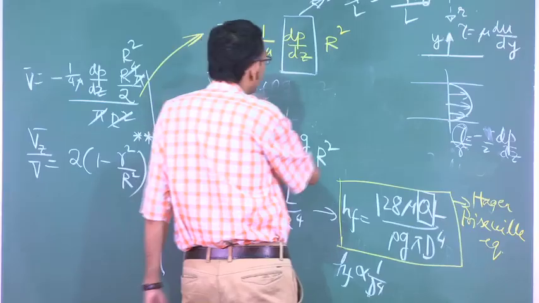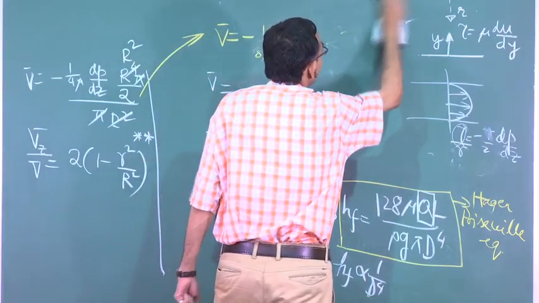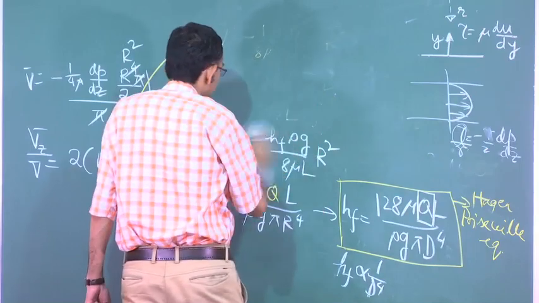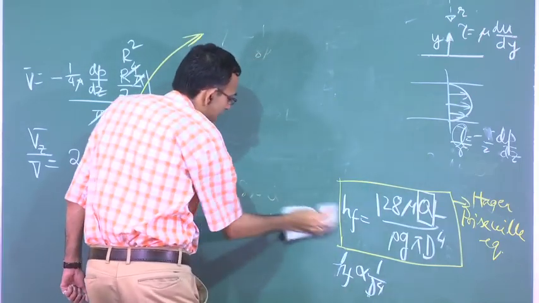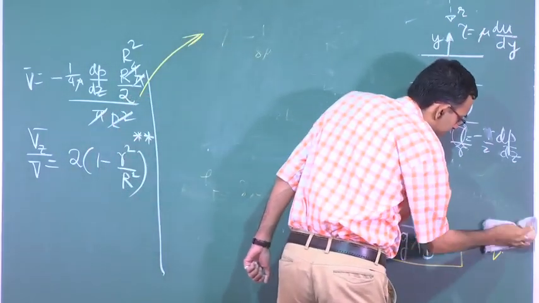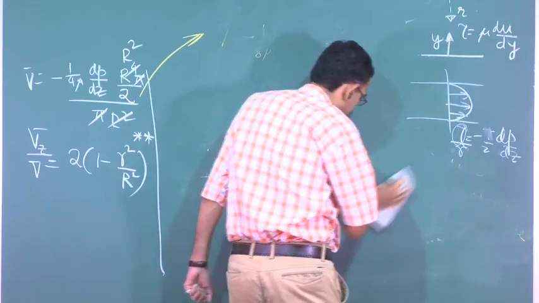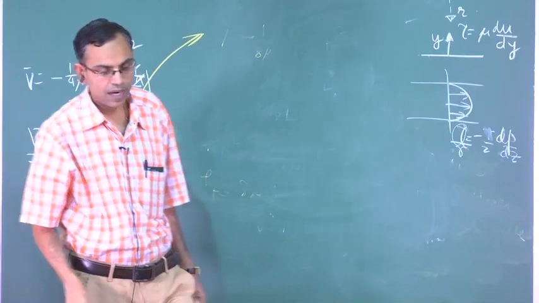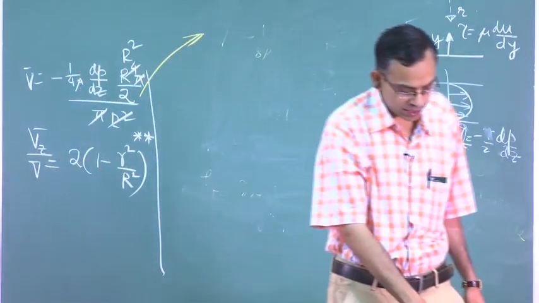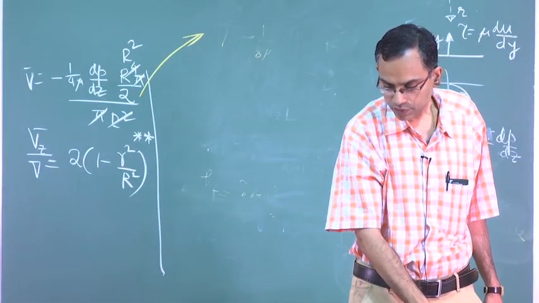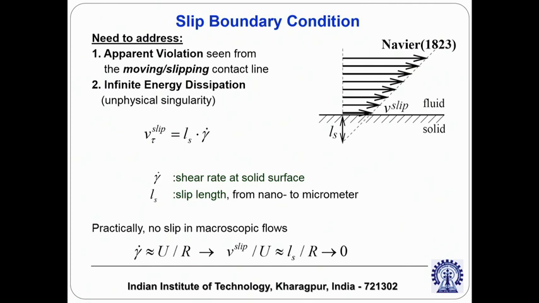I will talk a little bit about another aspect which is called the slip at the wall. In microfluidics, instead of the no slip boundary condition, sometimes there happens a slip at the wall. So I will explain it through a small slide.